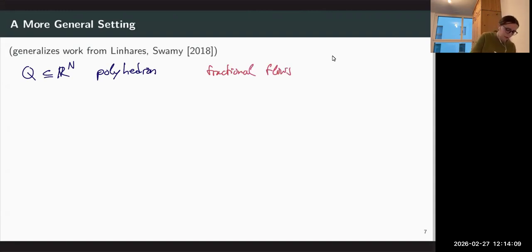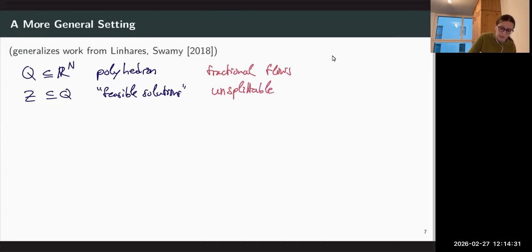Then we are also given some subset Z of Q, which is what we call the feasible solutions. In our application, for concreteness, this would just be the set of all unsplittable flows. Then we will also have in our general setting a subset R, which will be called the error body.